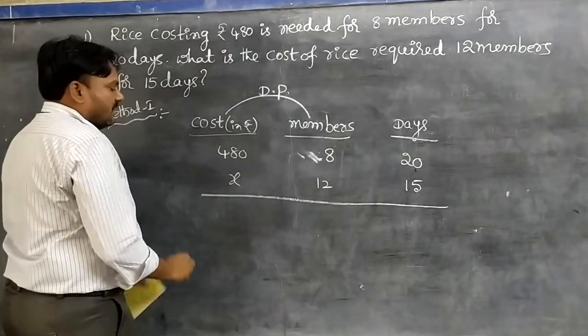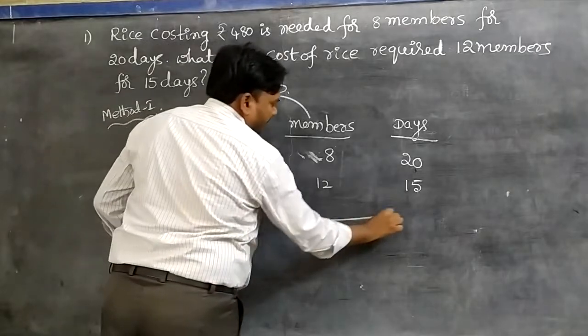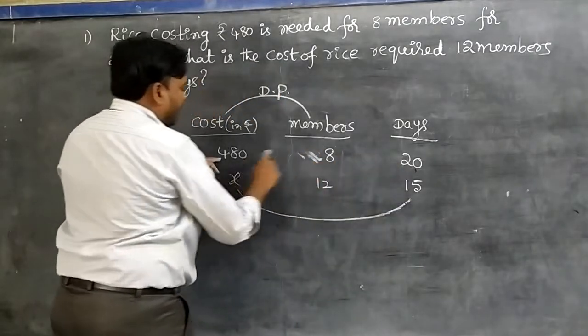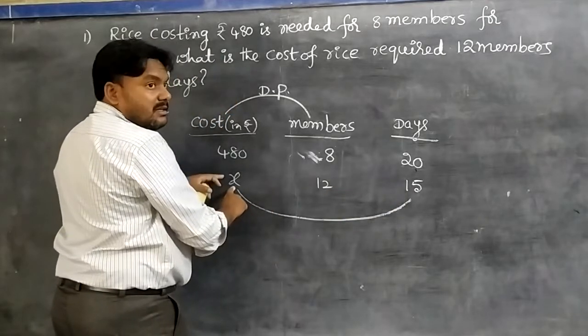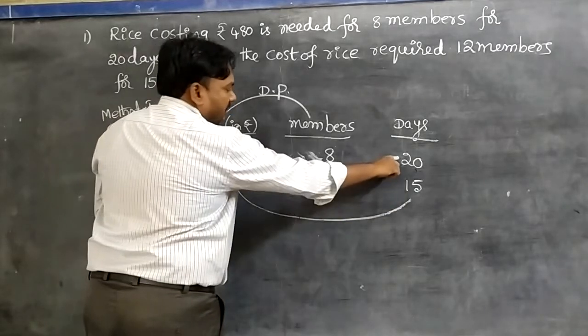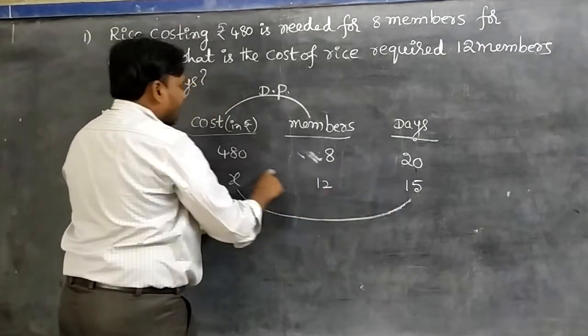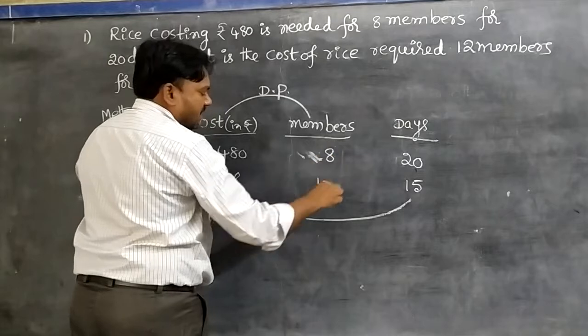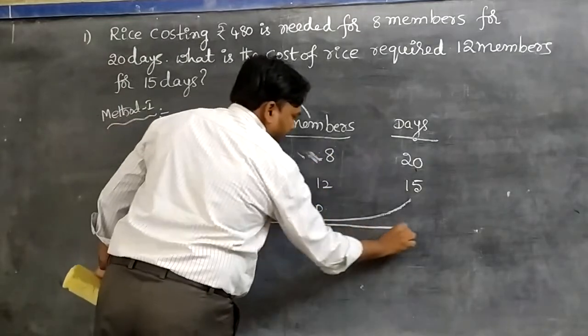Next, first and last: 20 days, 480 rupees; 15 days, automatically the value is down. Days decrease, cost also decreases, so it is direct proportion.